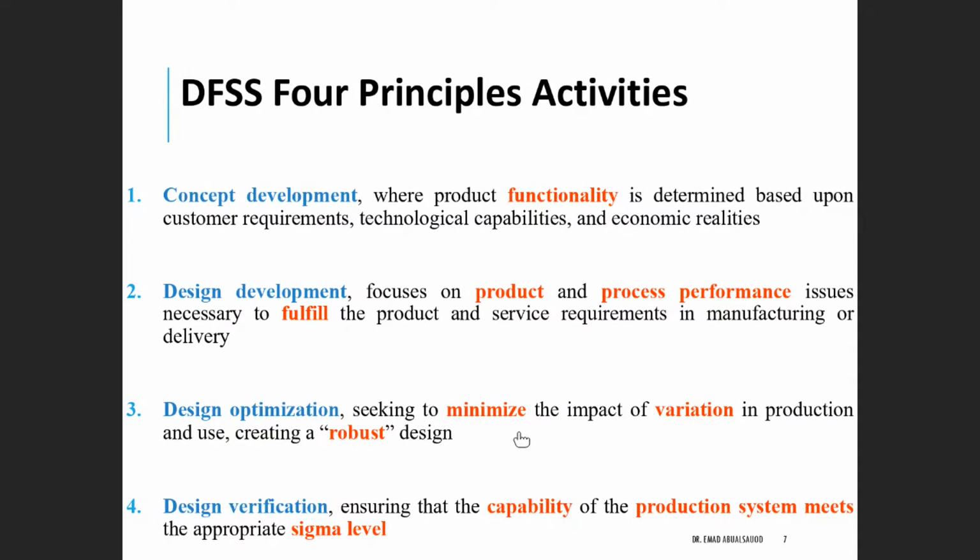So you identify the sources of variation that could impact this process, this design here, okay? So you identify them and also minimize them and create what is known as robust design, with the minimum variation or almost no variation.